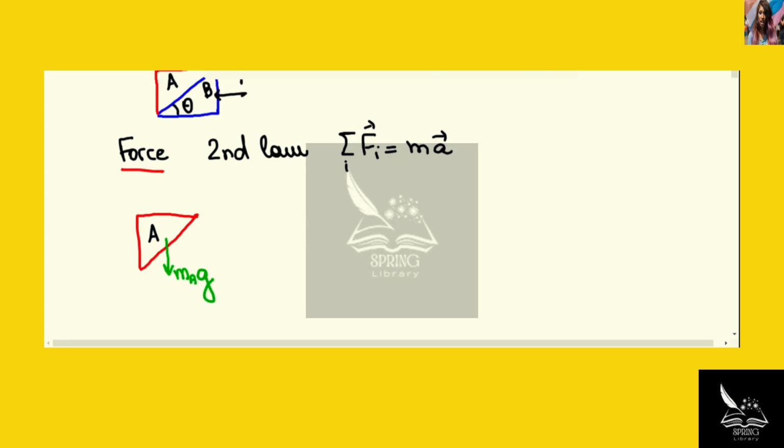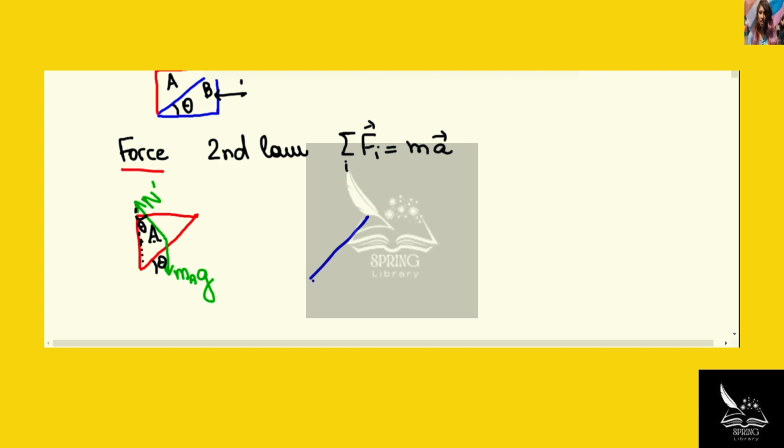Also, the normal force that block B exerts on block A, that is perpendicular to block B, and I'm going to call that force N prime. And these are the only two forces that act on the block. Remember that this here is theta, so this means that this angle here is theta. Okay?